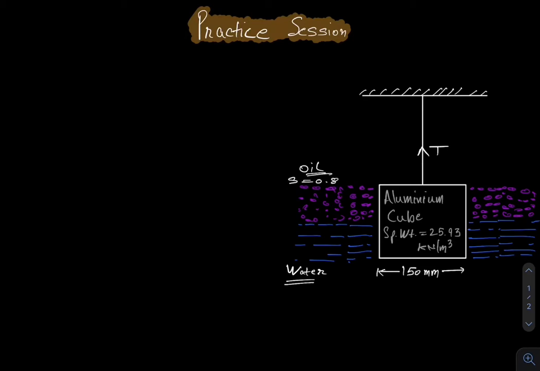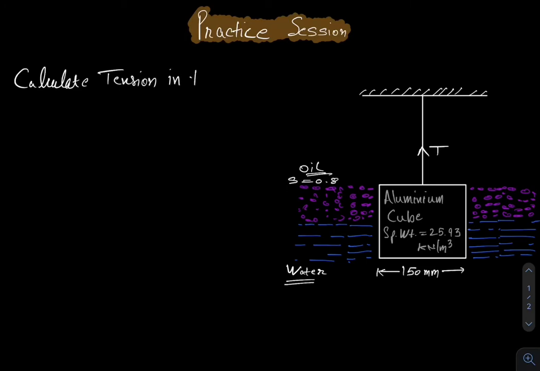What we need to find in this question is the tension in the string. We have an aluminium cube, specific weight 25.93 kilonewton per meter cube, side 150 mm, half dipped in water and half in oil. So now we have to calculate the tension in the string.